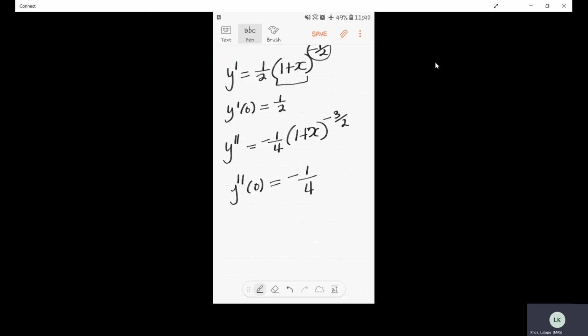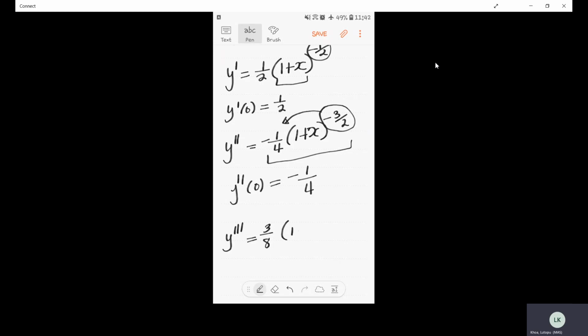Then you can work out the third derivative. So y triple prime, this is just the derivative of the second derivative. So the negative 3 over 2, this exponent, will come down. Now when it comes down, it multiplies with the negative 1/4, which is there. Negative and negative, this will be positive. So I have 3 over 8.